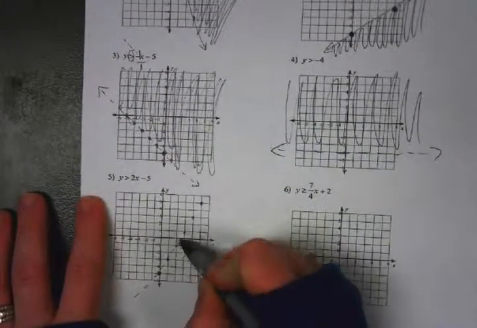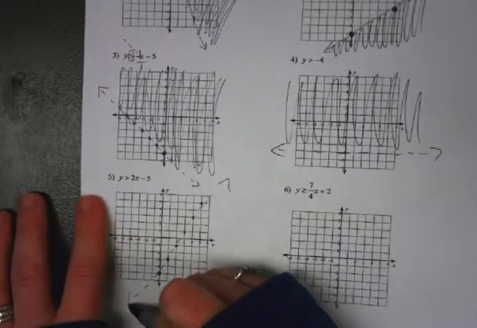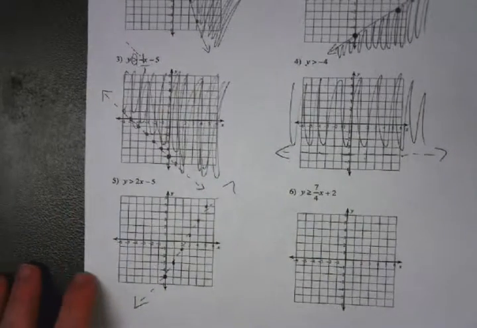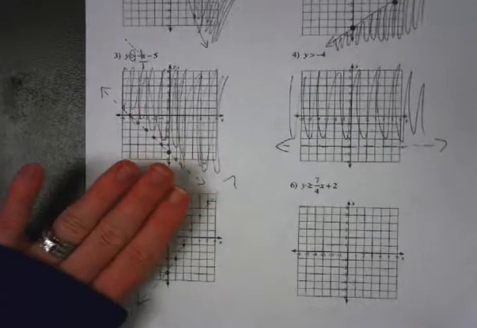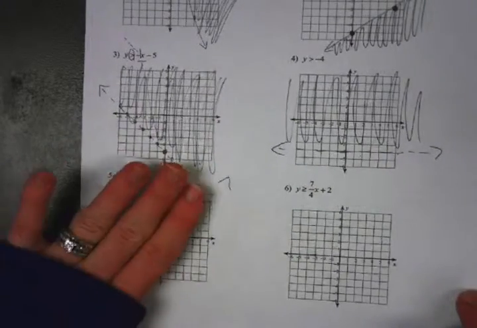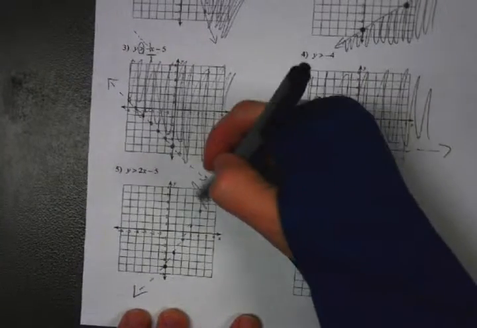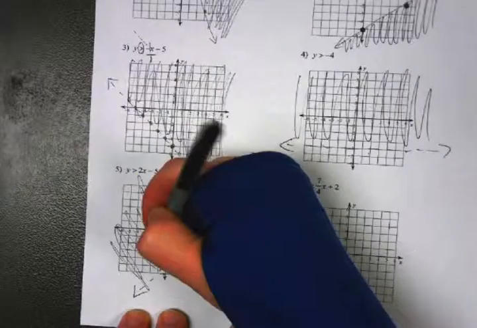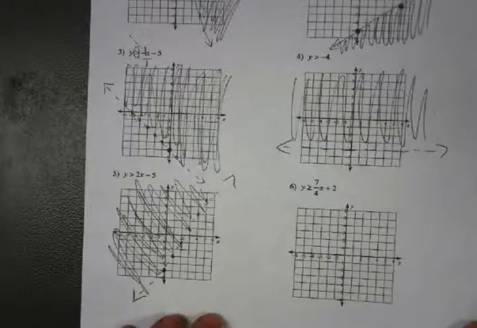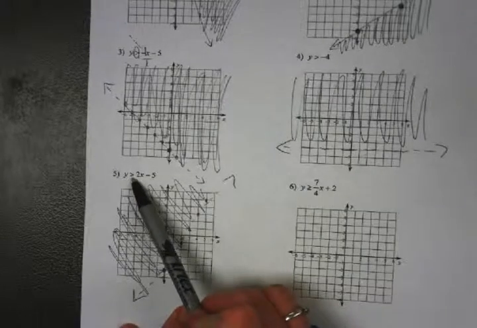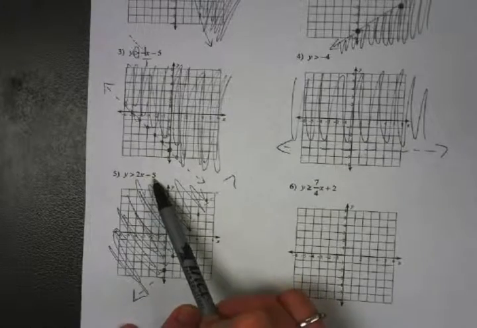Dash line because it's just greater than. Right. Yep. Correct, I should say. Yes, this way. Because again, though, that's where our y values are larger. If we checked the origin, should the origin tell us true or false? True. 0 is greater than -5?